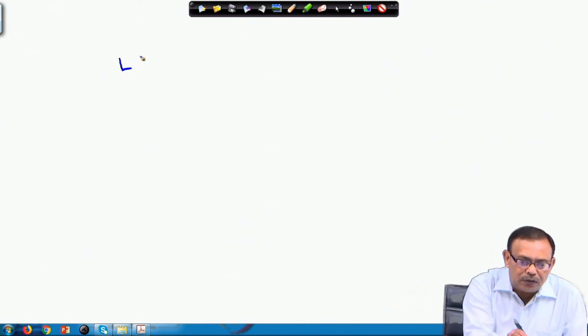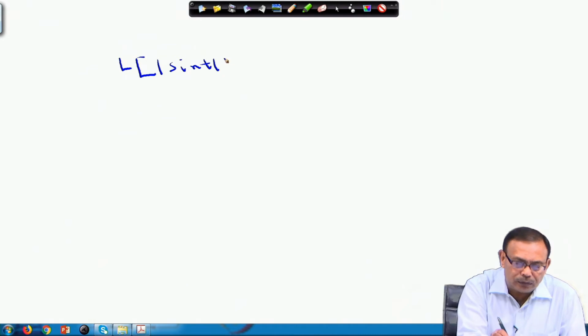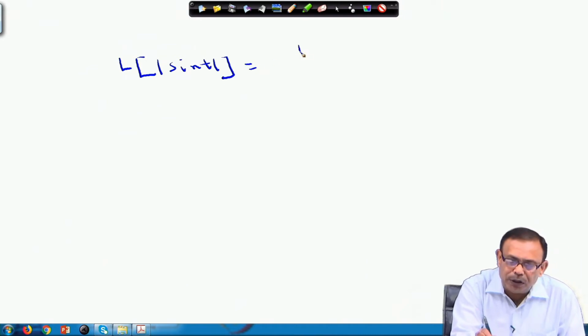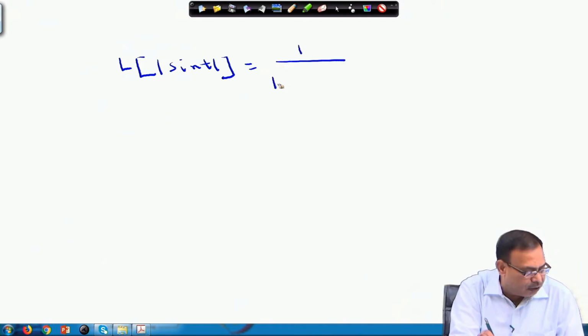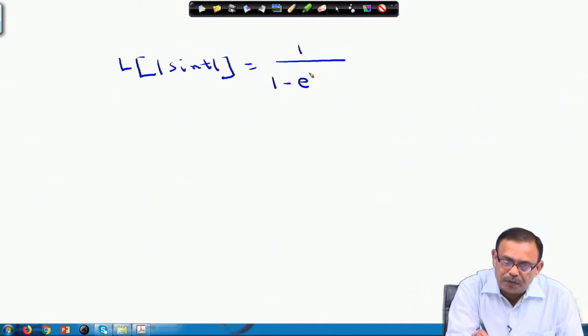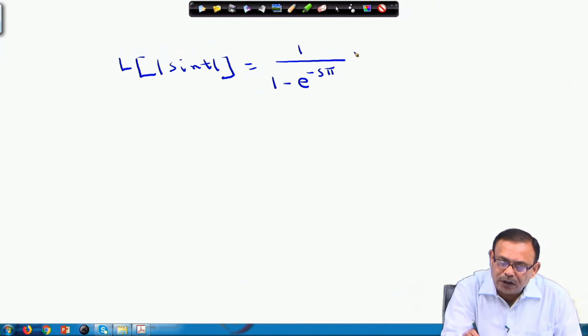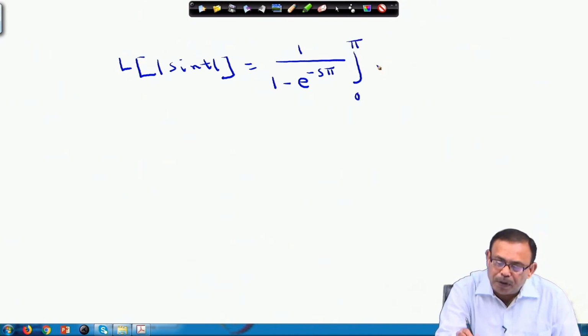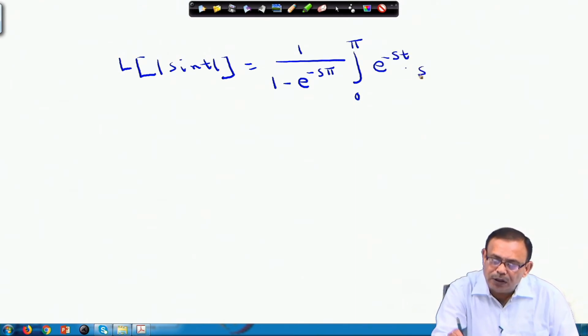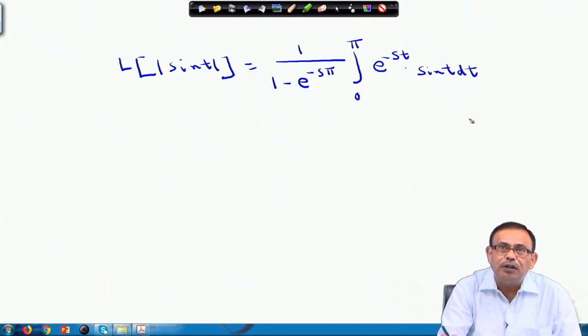So, you can write down the Laplace transform of |sin t|. Using the formula I just stated, this equals 1 over 1 minus e^(-s pi), because pi is the period of the function, times the integral from 0 to pi of e^(-st) sin t dt.